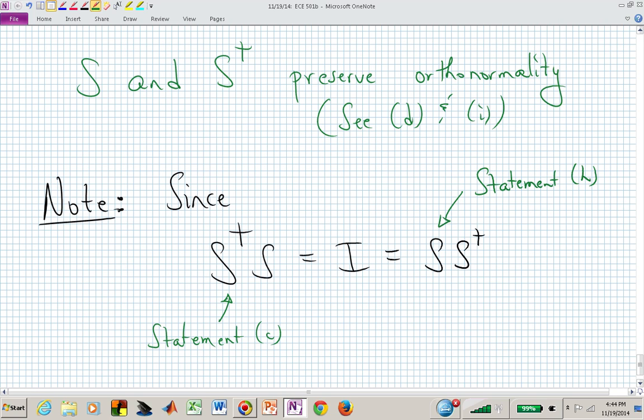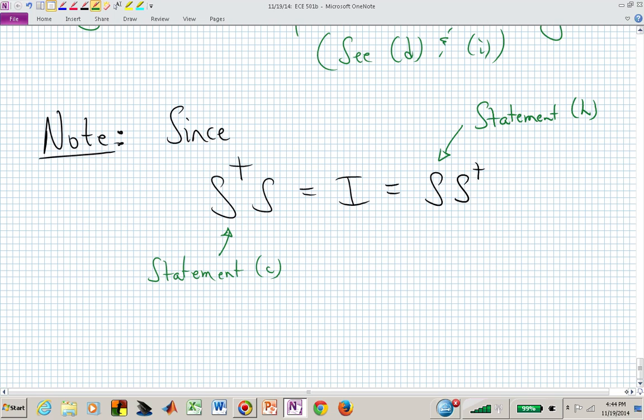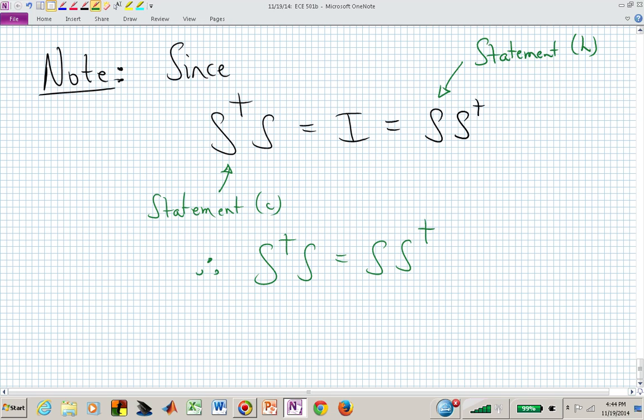That was statement H. But if S dagger S is equal to S S dagger, what's another way of referring to S now? Or what's another label or defining term that S could be called? And S again was an isometry.